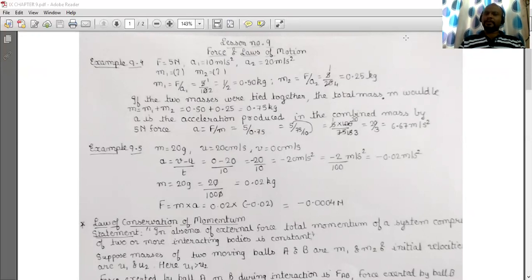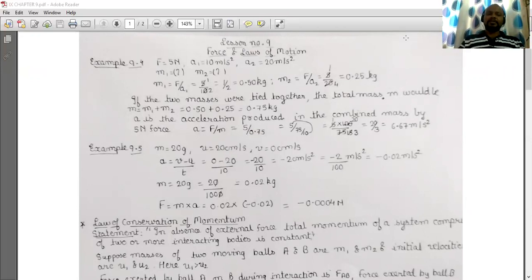Now moving on further to the fourth numerical, example number 9.4. If you observe the textbook, the question is: a force of 5 Newton gives a mass m1 an acceleration of 10 meter per second square.